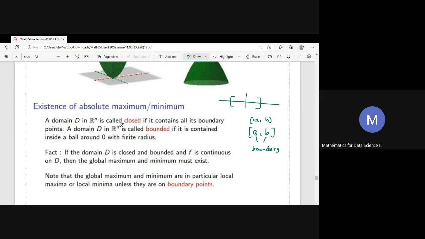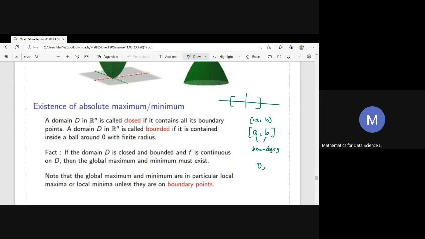A domain D in Rn is called bounded if it is contained inside an open ball around 0 with finite radius. For example, in the case of an interval a comma b, when do you say it is bounded?